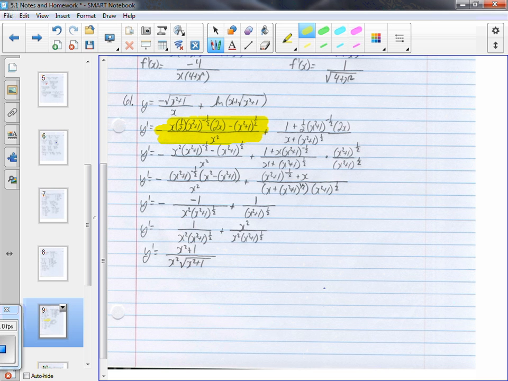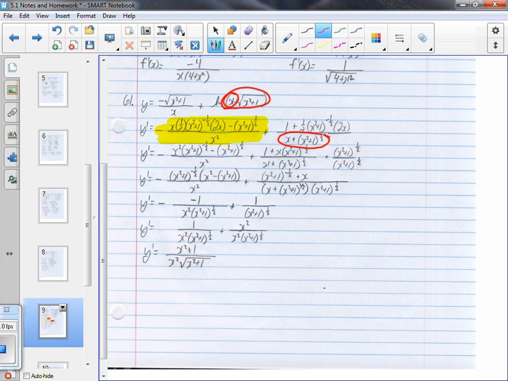So, the derivative of the natural log of u is 1 over u times the derivative of u. So, 1 over x plus the square root of x squared plus 1. I did change that to exponential notation, but that's the 1 over u part, times the derivative of u.